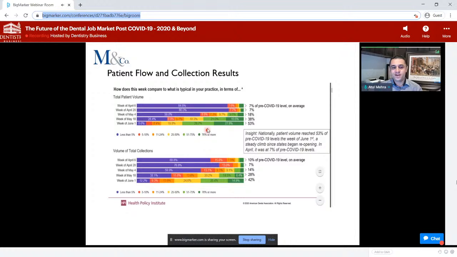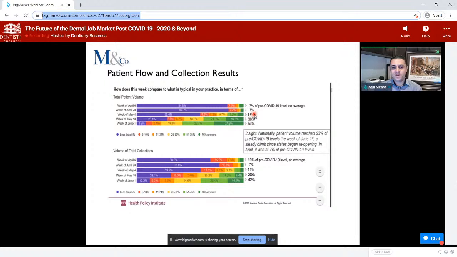Now, this one looks at the weekly patient volume and the collections in the United States. Keep in mind, they have a lot more data coming in. And somewhat positive, 53% of pre-COVID levels in terms of patient volume, about 4 weeks into the U.S. reopening.